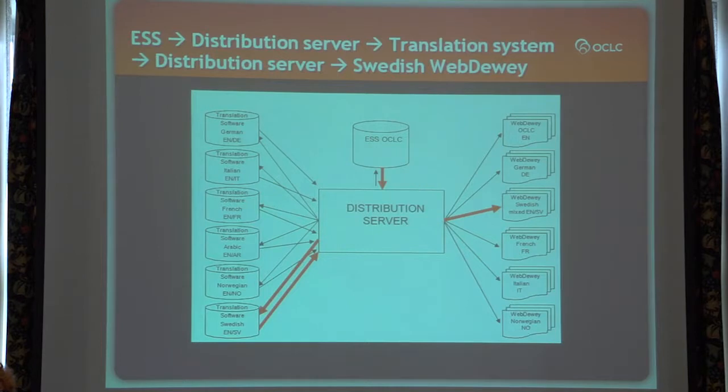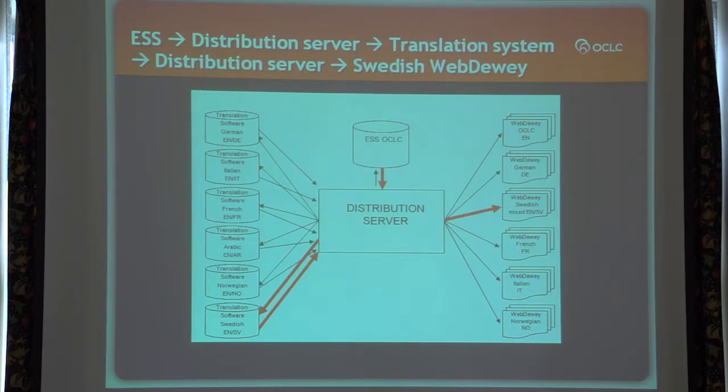But this same record, the English language MARC classification and authority records that then were pushed out as MARC XML, goes to the Swedish system, the Swedish translation system, and there some things happen.